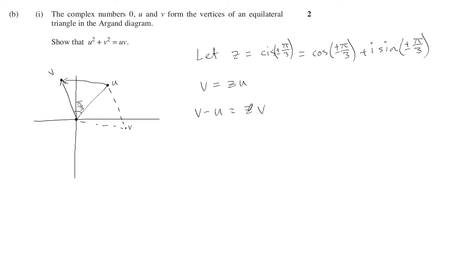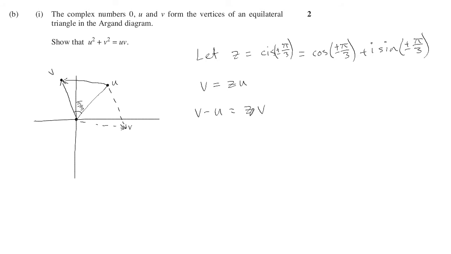So ZV. So if Z is going anti-clockwise, then it'll be like that. If Z is going clockwise, then V minus U will be that one, and it's still V rotated by Z. So it works either way.